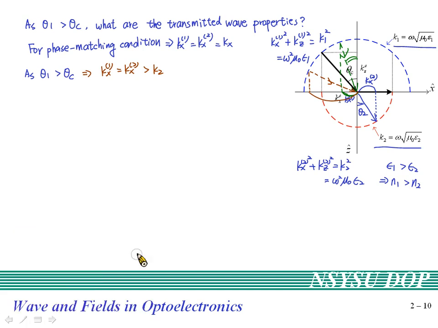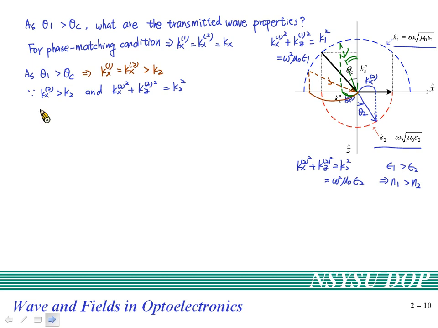Because kx2 is larger than k2, but kx2 still has to satisfy that kx2 squared plus kz2 squared, the summation of these two, should be k2 squared.